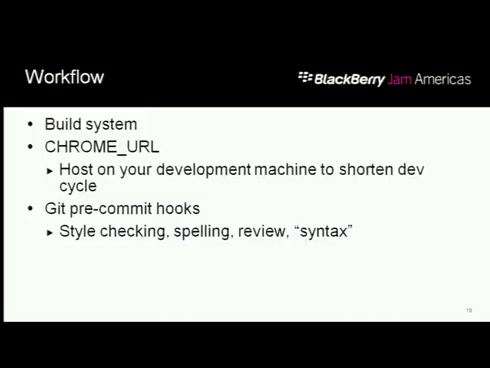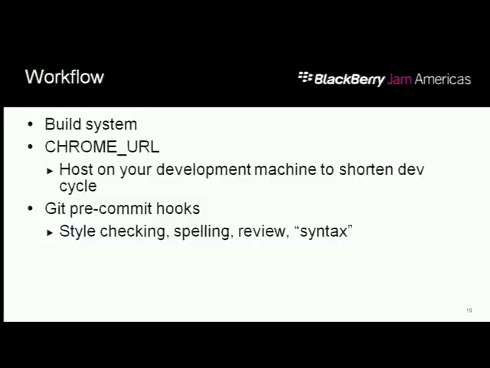And the build system is something that we spent a lot of time on early on so that we could make sure that our development flow was much smoother. Often the build system is kind of an afterthought at the end, but we found that spending the time there early really paid off.